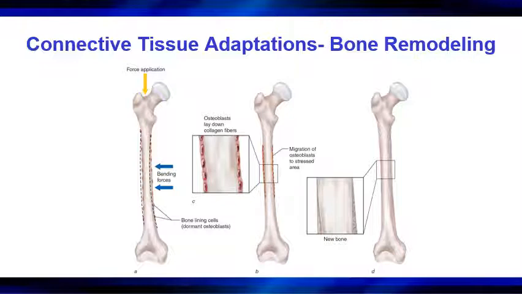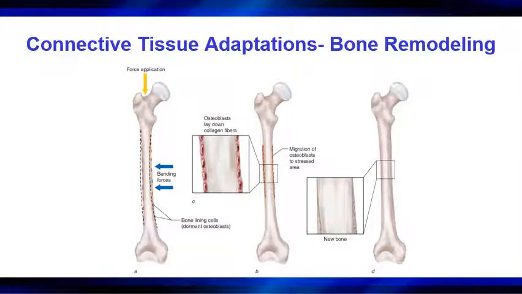And what you see is the osteoblasts start to lay down additional collagen fibers. You'll also get previously dormant osteoblasts, or osteoblasts that weren't doing anything, come in. Eventually over time, the collagen fibers will mineralize and become new bone.